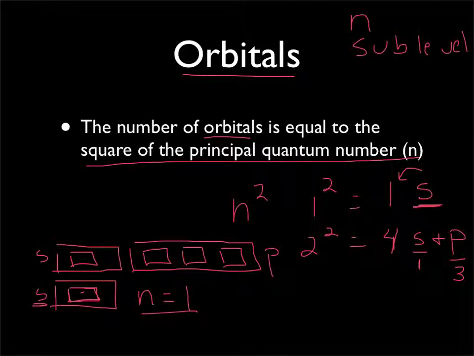Beds are the orbitals. So, on the second floor of this hotel, there are 2 rooms, an S room and a P room. The S room has 1 bed, or 1 orbital. The P room has 3 beds, or 3 orbitals, and each one can have 2 electrons in it.